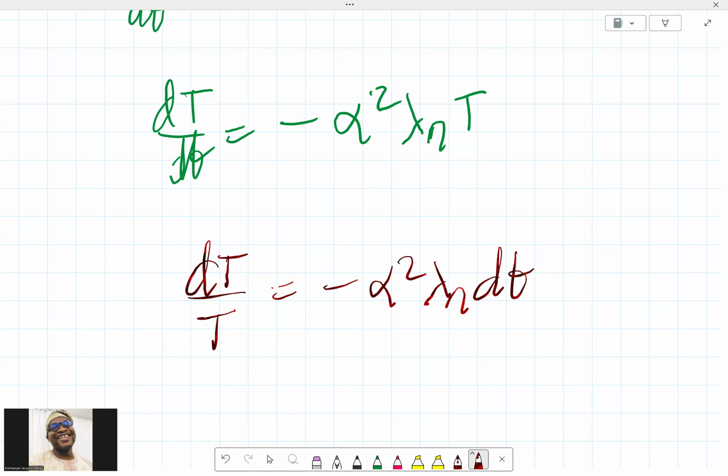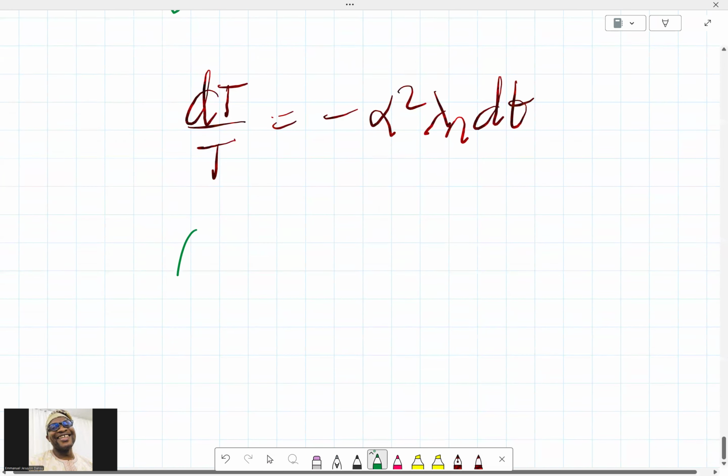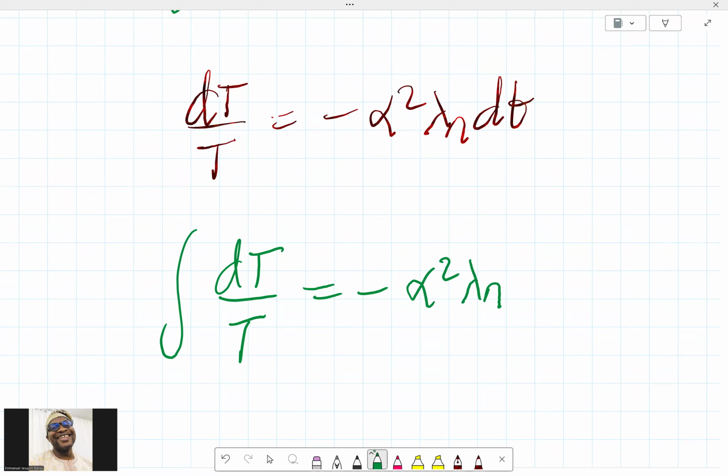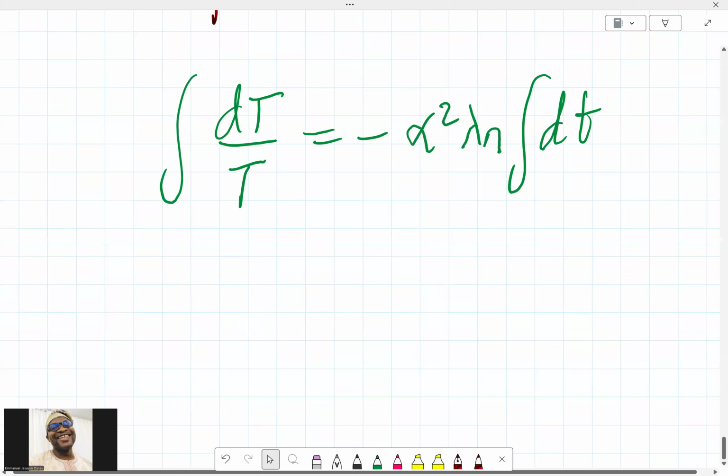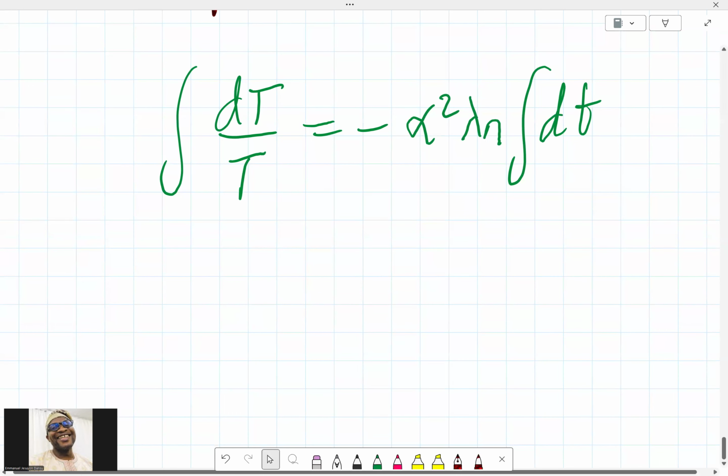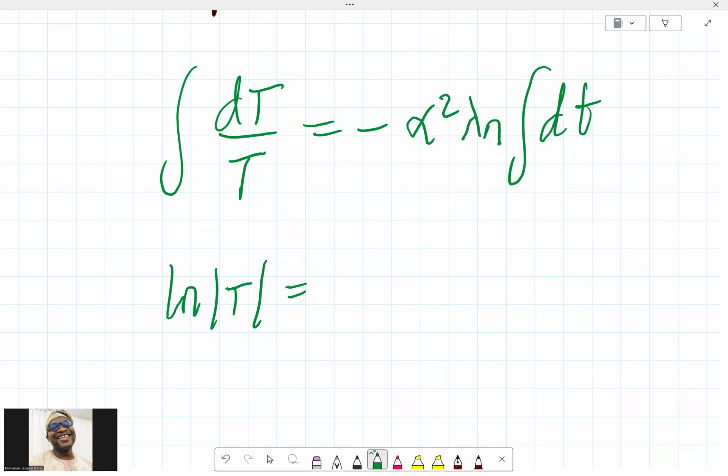And then we can now integrate both sides. So we have the integral of dT all over big T equals minus alpha squared lambda n, since we are just integrating with respect to t. The integral of dT over T is well established, and this is the same thing as ln of T equals minus alpha squared lambda n. The integral of dt is just simply t.